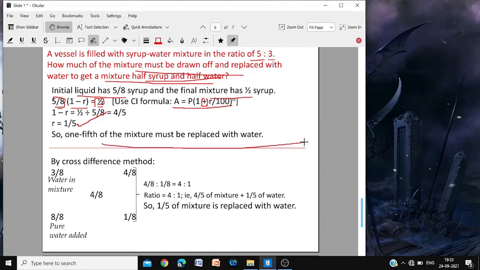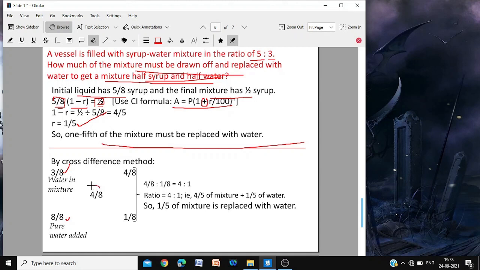Now we also have a cross difference method. 3/8 is the water in the mixture and pure water is 1. For convenience we are writing 1 as 8/8 so as to make the denominator constant. So 3/8 is water and 8/8 or 1 or 100% is pure water. And we want half.